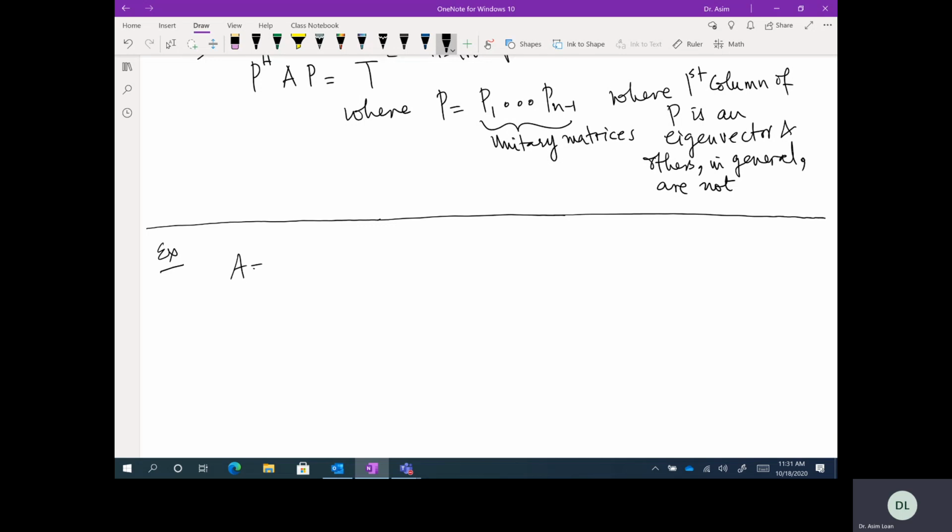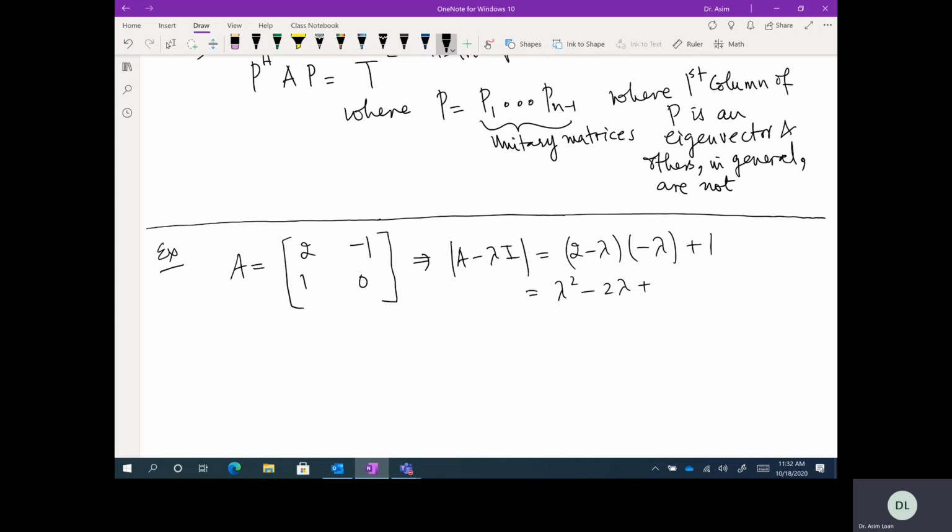So let's say A equals [2 -1; 1 0]. This implies det(A minus lambda I) equals (2 minus lambda) into (minus lambda) plus 1, which is equal to lambda square minus 2 lambda plus 1, or this is equal to (lambda minus 1) whole square equals 0, or lambda 1 equals lambda 2 equals plus 1.